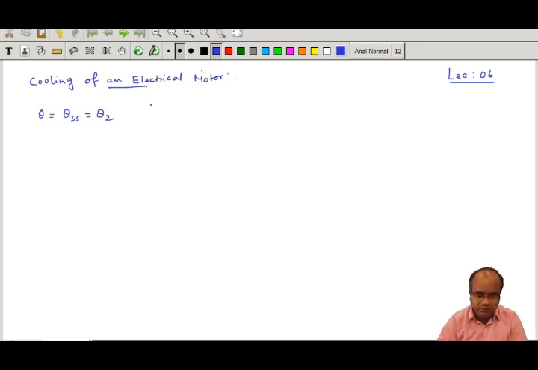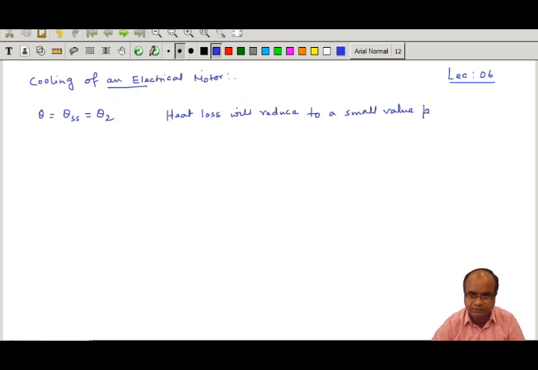Now the heat loss will reduce to a small value, say P1 dash, and the heat dissipation constant has a new value, say K2 dash.